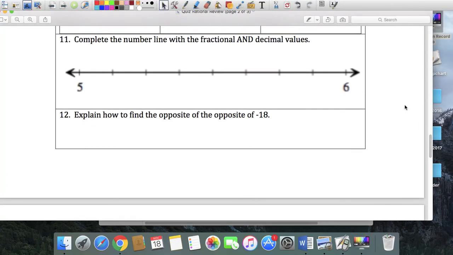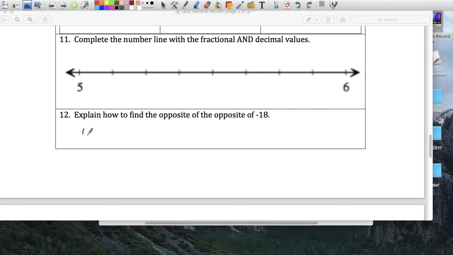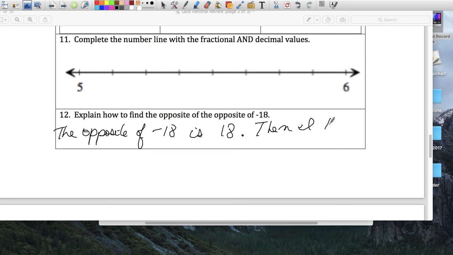Explain how to find the opposite of the opposite of negative 18. Well, I know that the opposite of negative 18 is 18. Then I have to take the opposite of 18, which is negative 18.